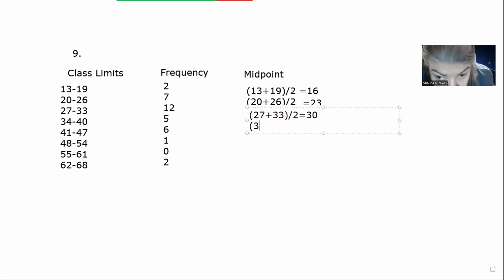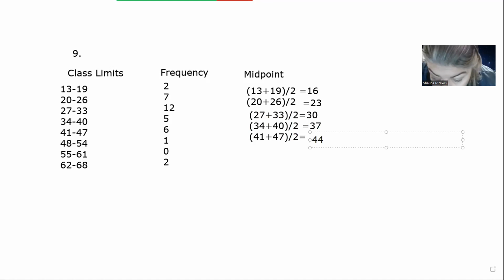This is 34 plus 40 divided by 2. This is equal to 37. Okay. Then you have the next part, 41 plus 47 divided by 2. That's equal to 44.